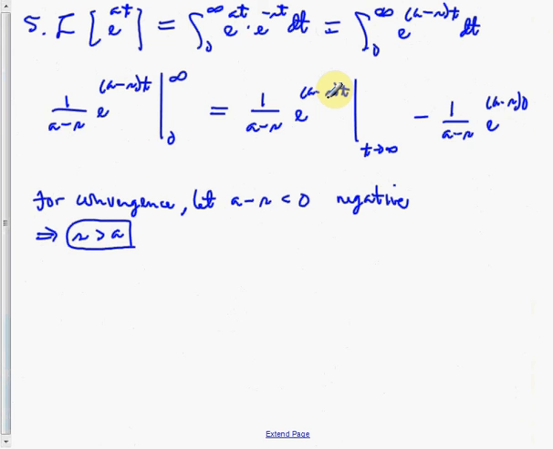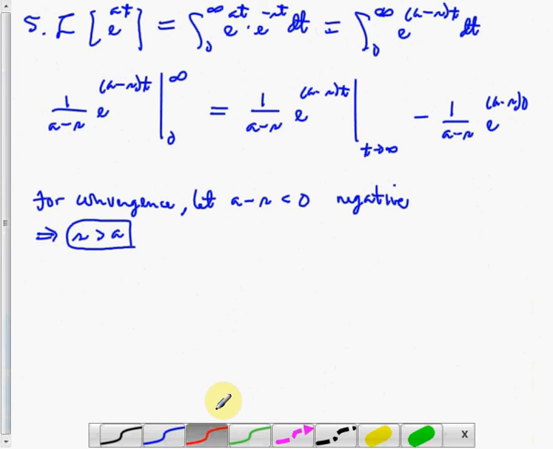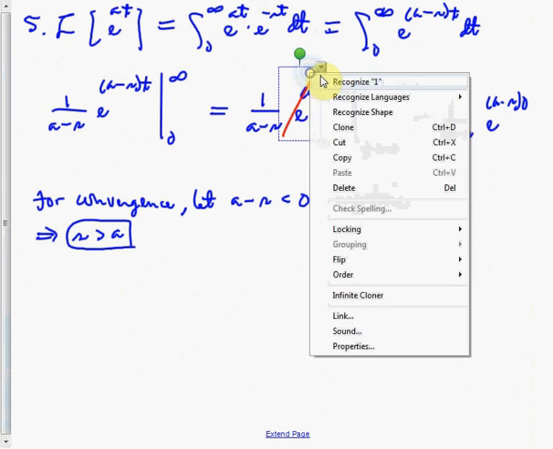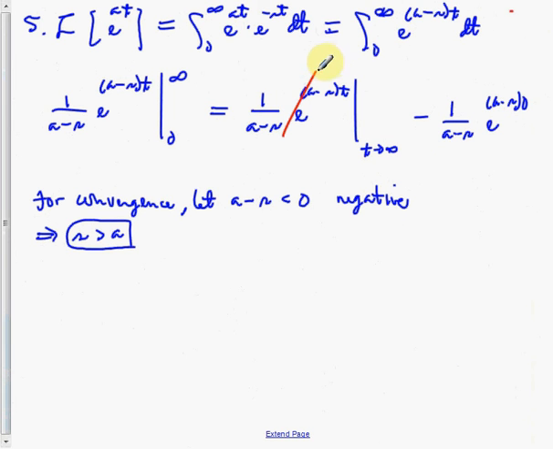That would guarantee convergence. So if that guarantees convergence, then this term right here goes to 0. I'm left with the answer, the tail.